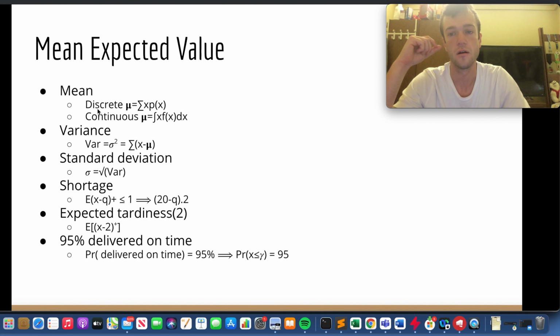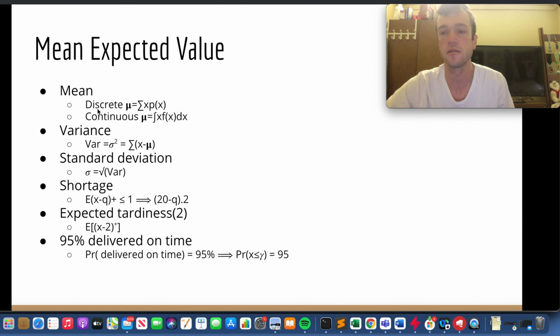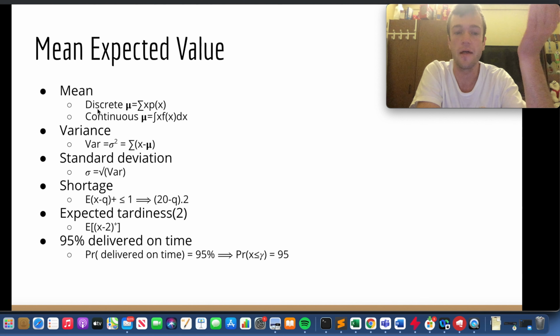So if you have a probability of 20% at 0, 50% at 5, and 30% at 10, it's 0.2 times 0 plus 0.5 times 5 plus 0.3 times 10, and that would be your mean.